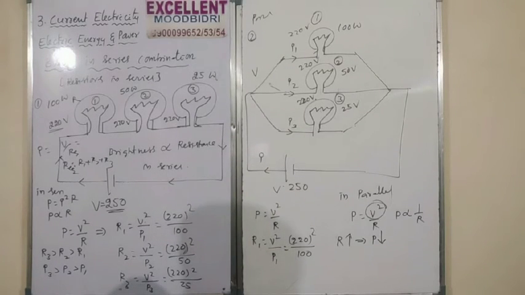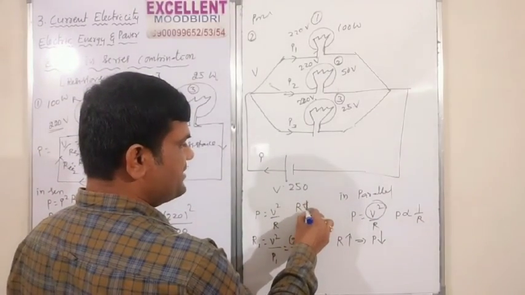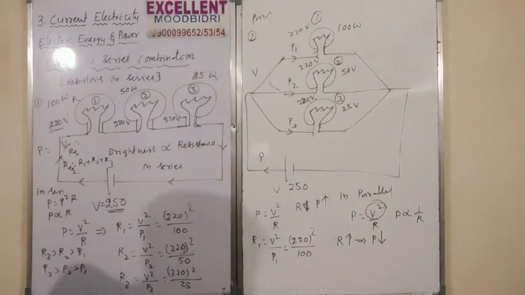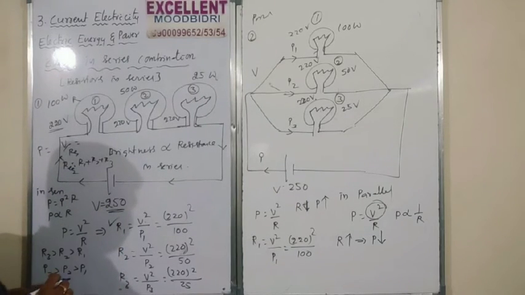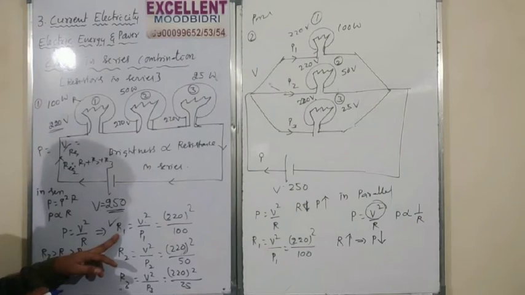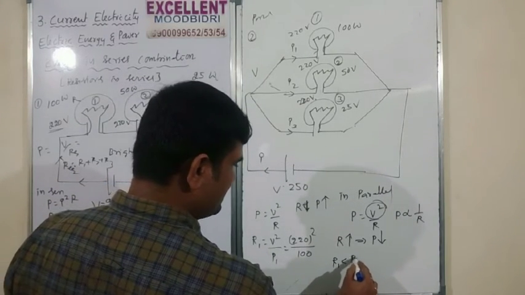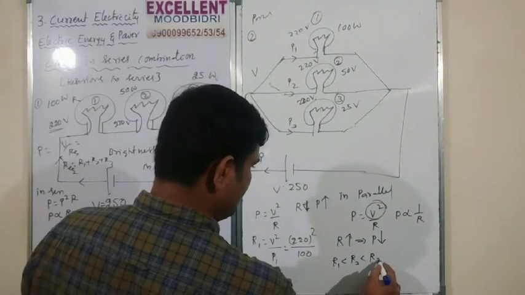If R is smaller, then the power is more, so the brightness is more, obviously. Correct? Therefore, R1 is less than R2, which is less than R3. Correct?